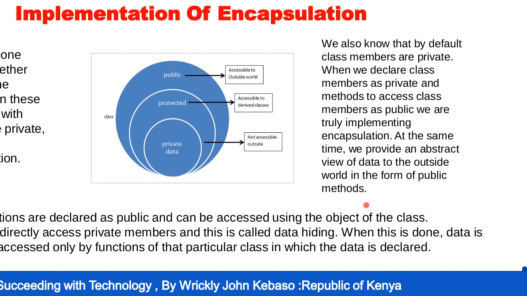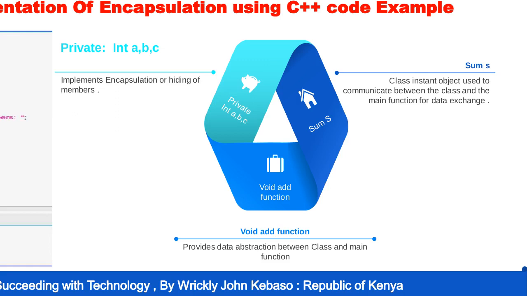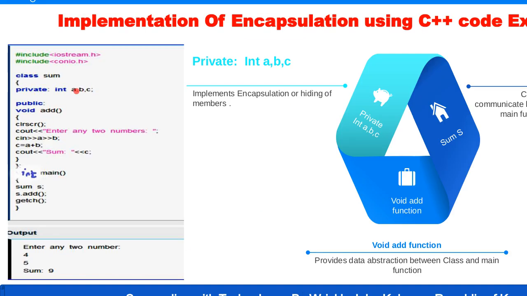If you go back to our scenario, these variables can only be accessed by this function, and it can be implemented by int main, the main function. The only communication is through void add, and void add is the only one that can access these variables. Hence, there is what we call a high level of encapsulation.